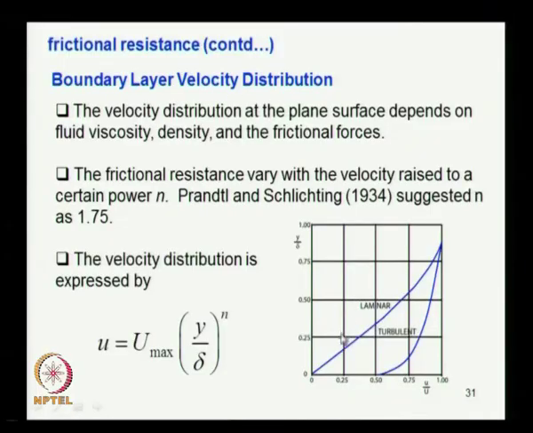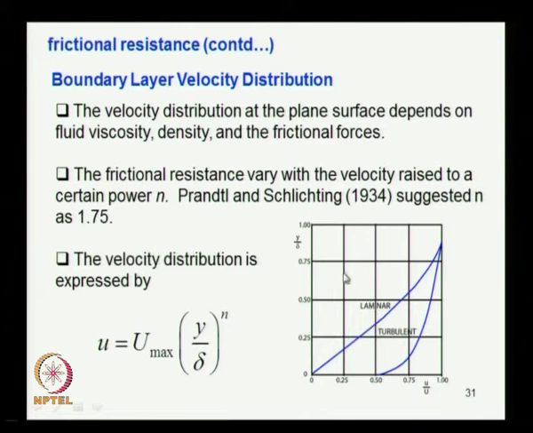So if you look at the boundary layer, now the intention is to find out the relation of this frictional resistance with reference to velocity. Here is the boundary layer velocity distribution. You can see that here is y by delta, that is the distance inside the boundary layer divided by the boundary layer thickness, and here you have the proportional velocity, u by capital U, where U is the free stream velocity.